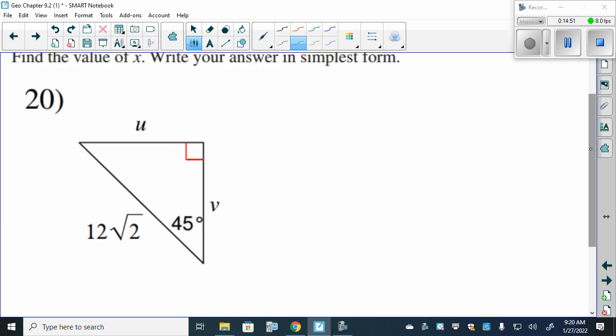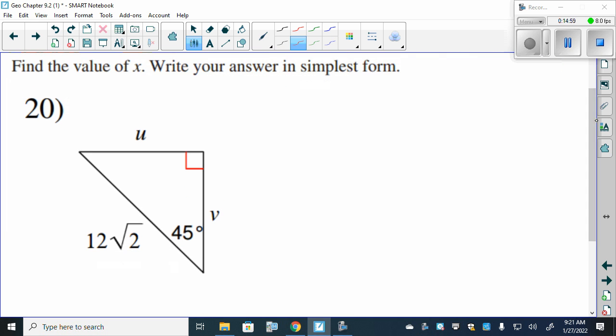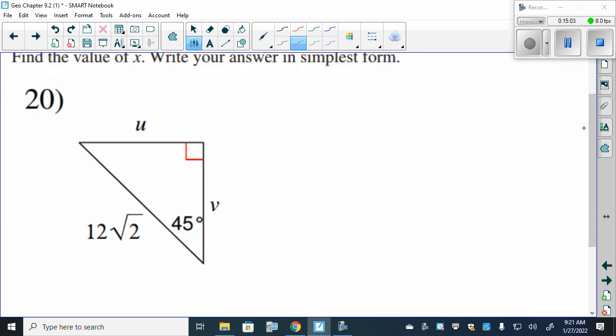So here we don't have x, we have u and v. For this here we don't have x or y. Why? Because all it's been asking is find the value of x. I've been inserting different problems in here, so we do have a lot of different examples with this. Now here we want to find the values of u and v.